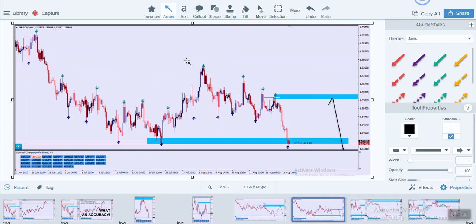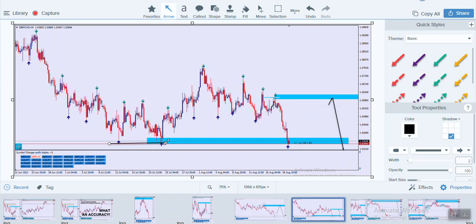Same thing is happening on GBP CAD. You can see here, this is a 4-hour time frame. This is a lower time frame setup. I'll not be able to go into that now, but I'm expecting that price will come back to this zone after taking out these lows. We have almost equal lows at this point.